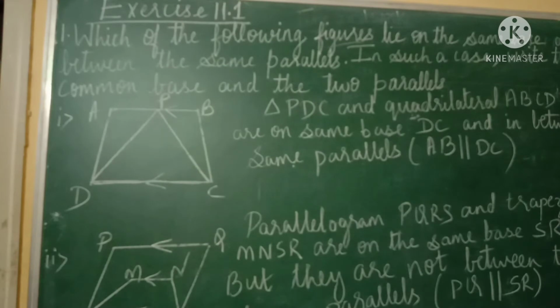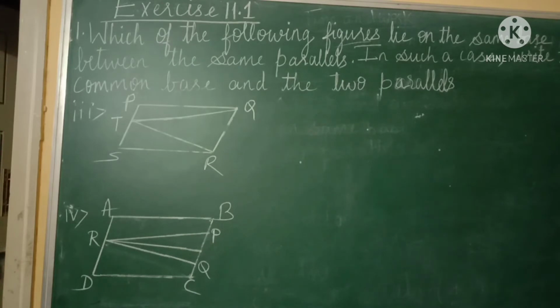Okay, coming to the third question here. Third and fourth, we have different parallelograms. You can see a triangle in between the parallelograms, and according to the question, which of the following figures lie on the same base and between the same parallels?